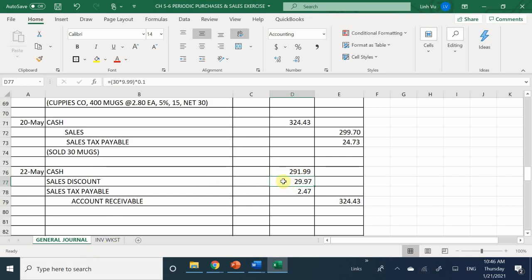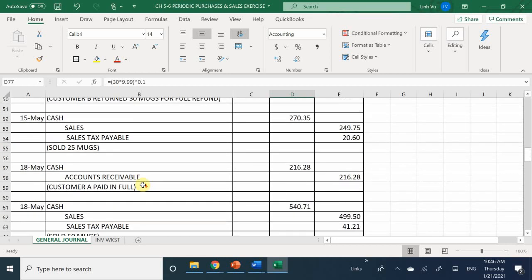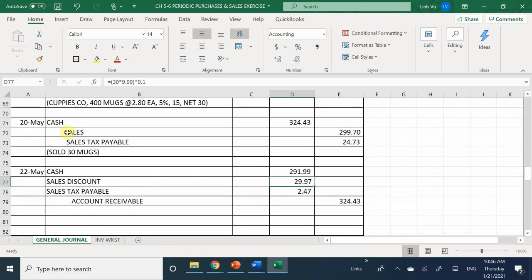Here's the 10% discount because that's what I offered this customer. He met the terms, and because of that, I also have to subtract out the percentage of tax included for that discount. And then this is how much he really owes us. He's going to give us $291.99.